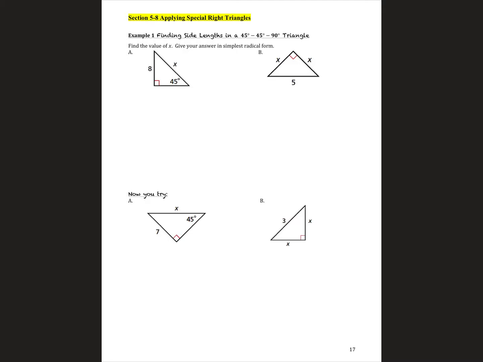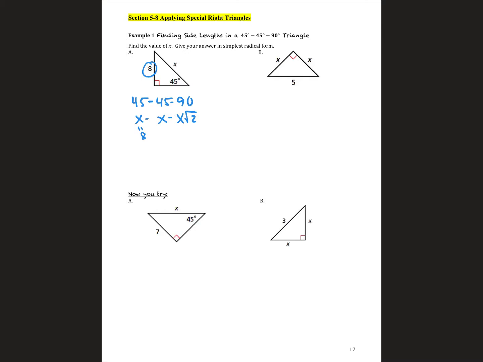I'm on page 17 now, 5-8, special right triangles. So for the 45, 45, 90, remember that it goes x, x, x radical 2. We were given 8, the leg, not the hypotenuse.